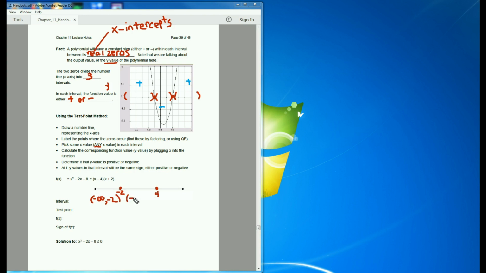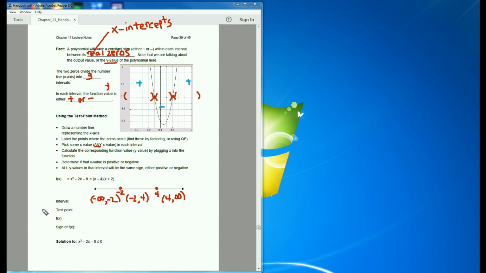This interval is -2 to 4. This interval is 4 to infinity. Exactly like we just showed those three intervals up here on the graph.